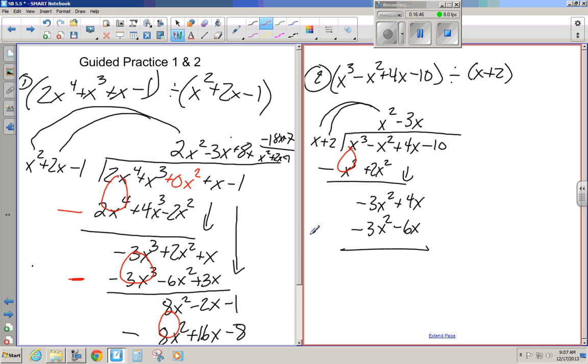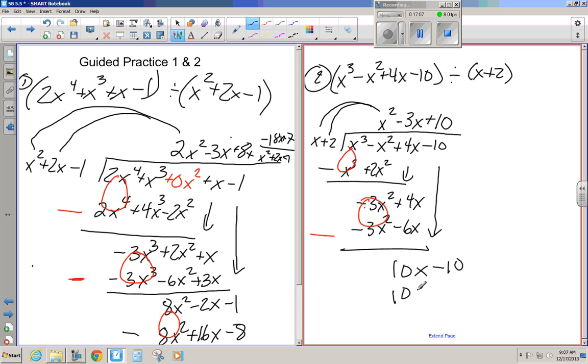And then we subtract, so that becomes 0. This becomes 10x minus 10. And now what times x gives me 10x? Well, it should just be a plus 10.